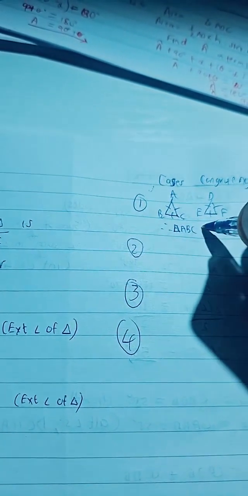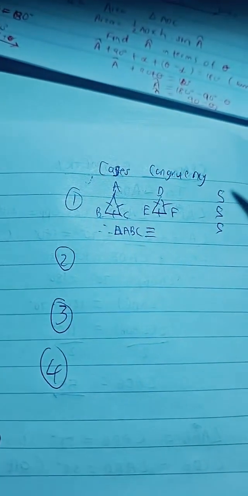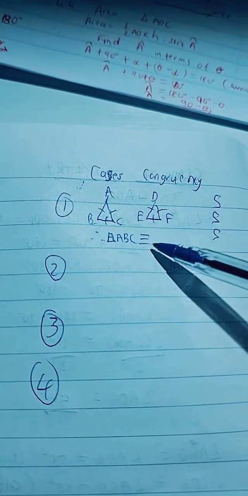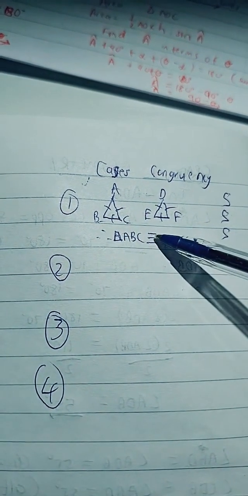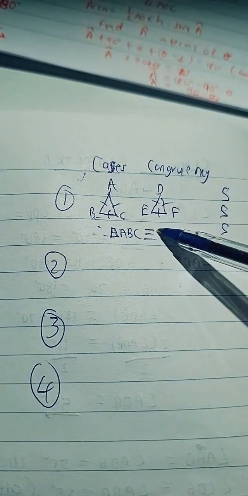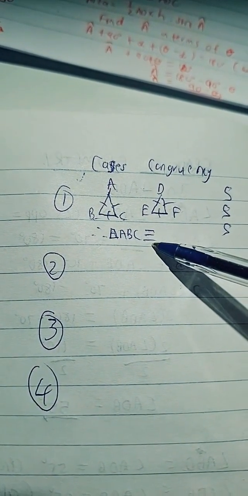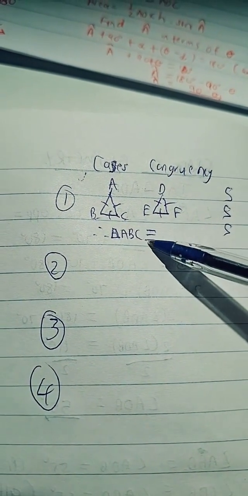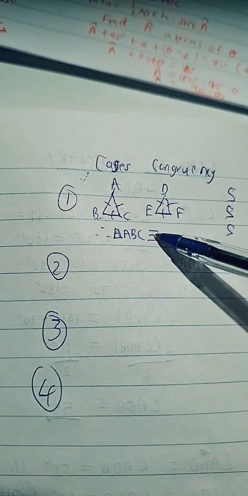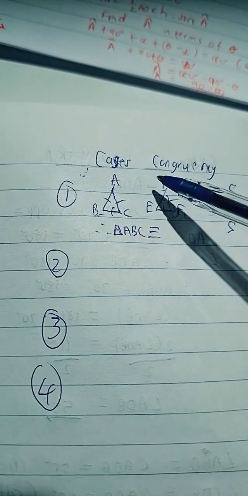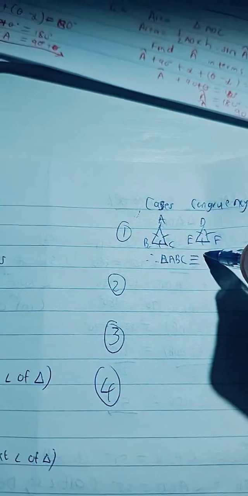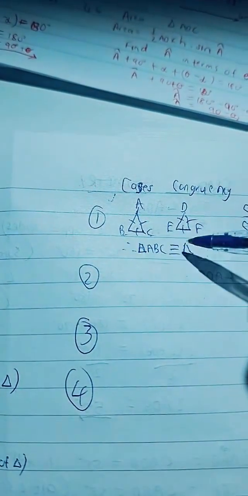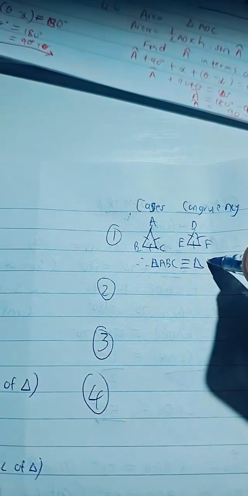ABC is congruent. Now, when you write congruency, or when you are actually stating that two triangles are congruent, we use these three horizontal lines, right? So congruency is not to say equal, but congruency is to say that the sides of each respective triangle in this situation are actually the same. So we say triangle ABC is congruent to triangle DEF.